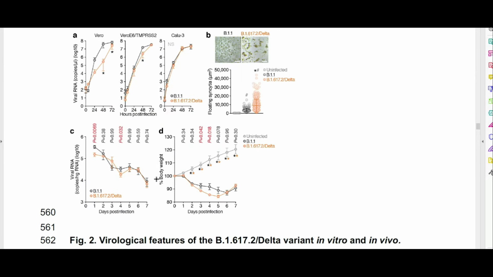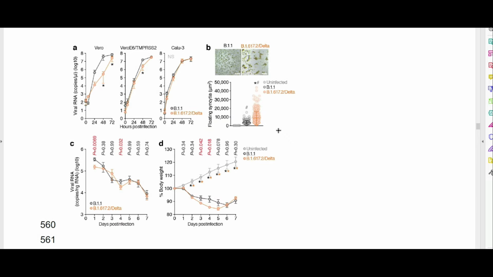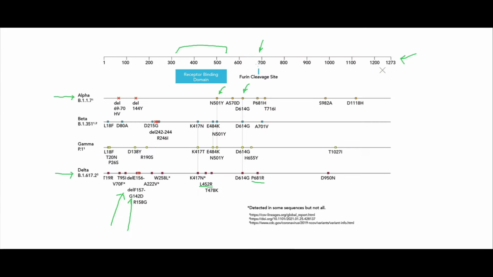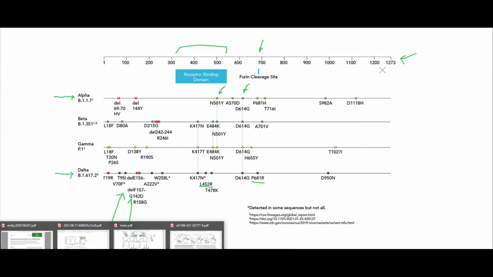Like I said, I'll leave links to all of these in the description down below. In A up here, we're looking at the Delta variant and the infection of different cell types, Vero E6 with TMPRSS2, which is an enzyme that can cleave the spike protein, one of those things that cleaves at the furin cleavage site.